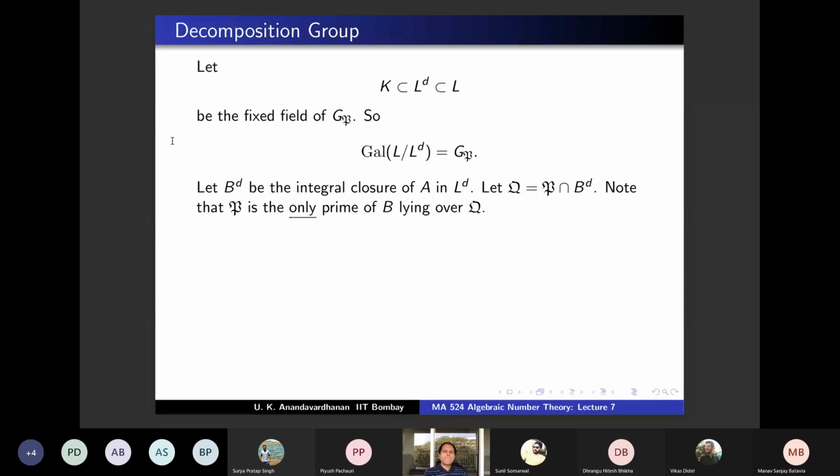And do you see this remark that capital P is the only prime of B lying over Q? How many of you see this remark? I mean, see the proof of this remark.